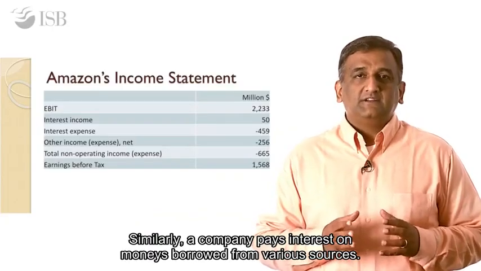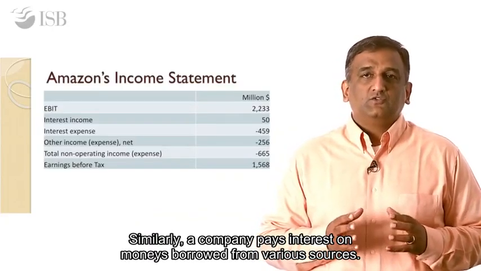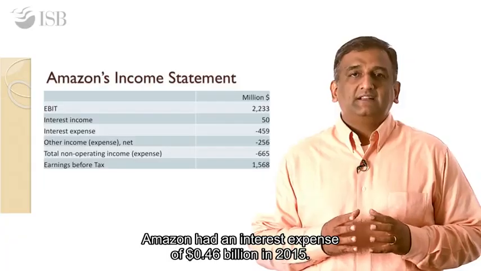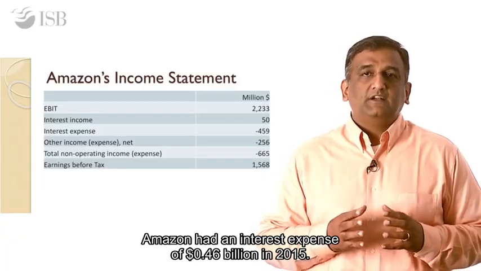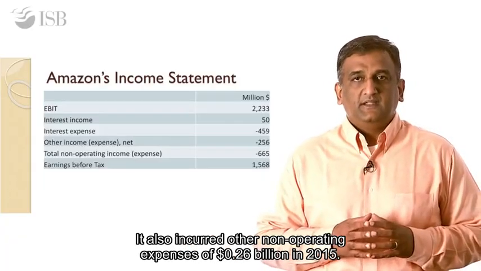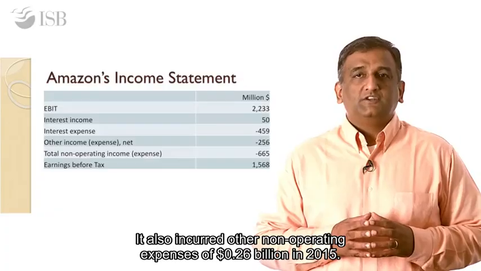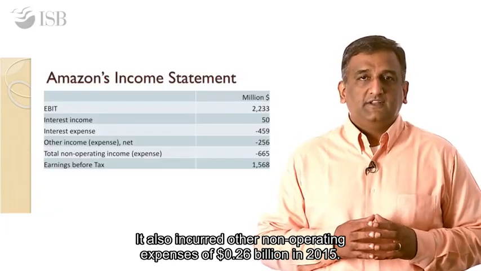Similarly, a company pays interest on monies borrowed from various sources. This is deducted from EBIT. Amazon had an interest expense of $0.46 billion in 2015. It also incurred other non-operating expenses of $0.26 billion in 2015.